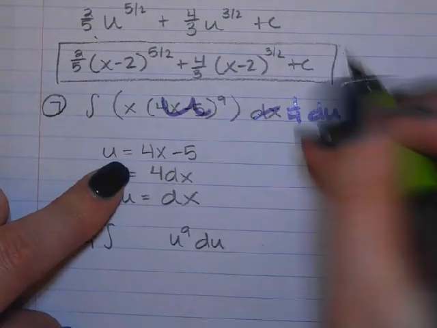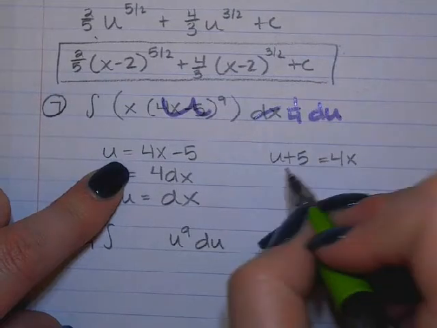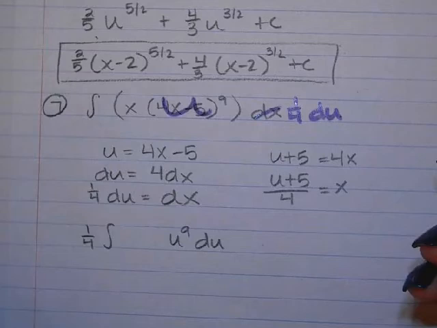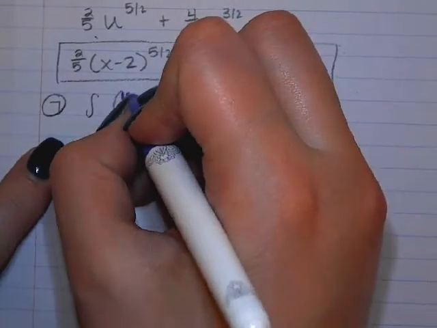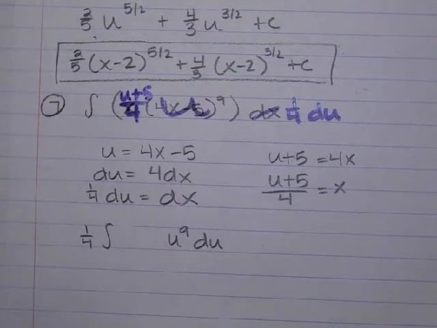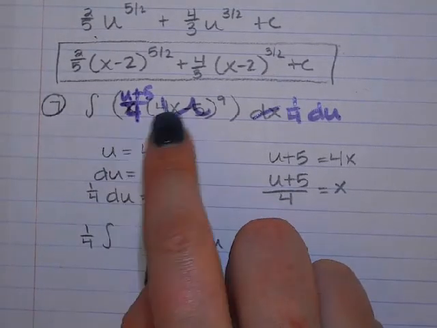So u plus 5 equals 4x, u plus 5 over 4 equals x. So that x is actually u plus 5 over 4. So we have a u plus 5 over 4, a u to the 9th.